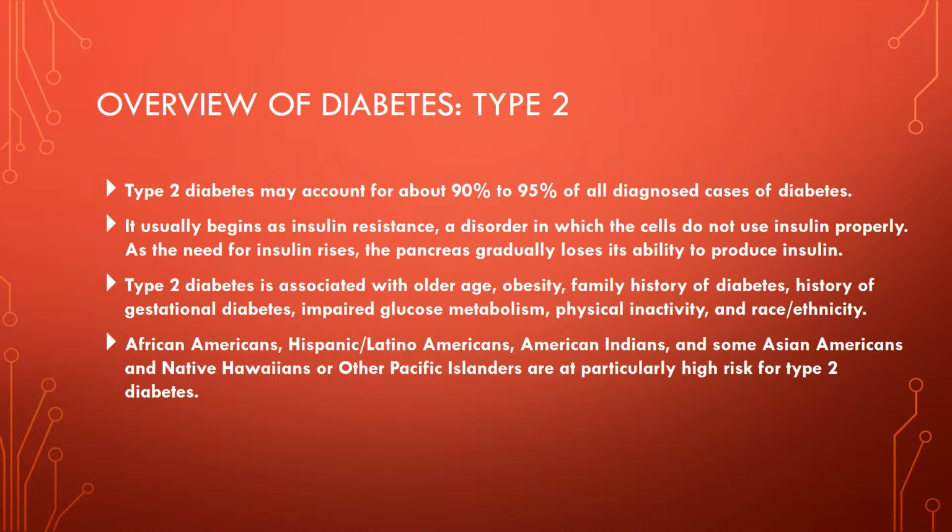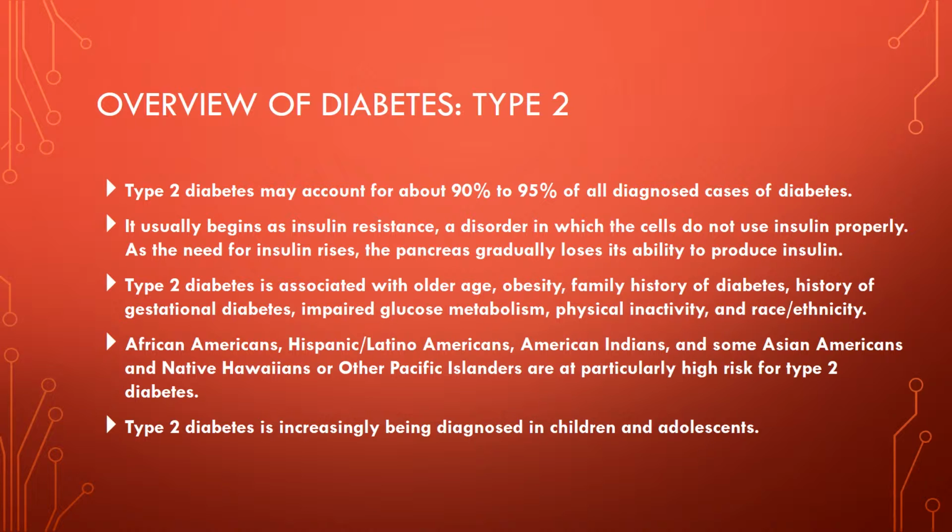In particular, African Americans, Hispanic or Latino Americans, American Indians, and some Asian Americans have a particularly high risk for type 2 diabetes. There's a Native American tribe that is primarily located in the southwestern United States, the Pima Indians, where the prevalence of type 2 diabetes in that population is somewhere between 60 and 70%. And this has to do, I believe, my understanding is, with both genetic and lifestyle factors.